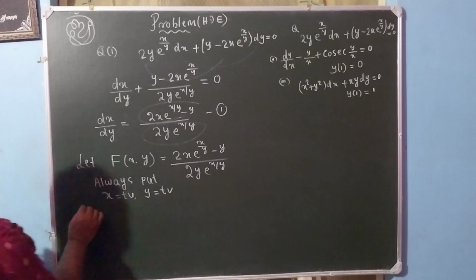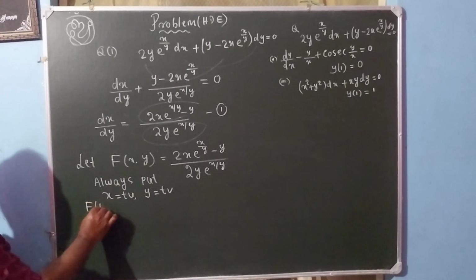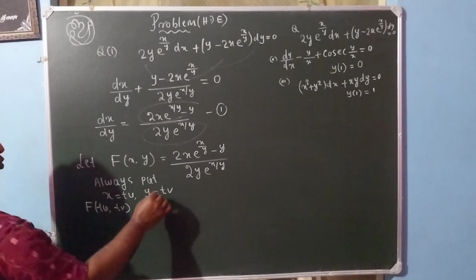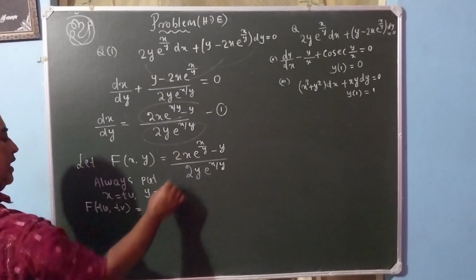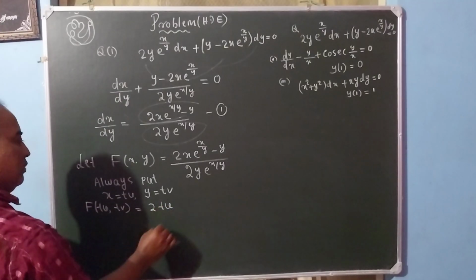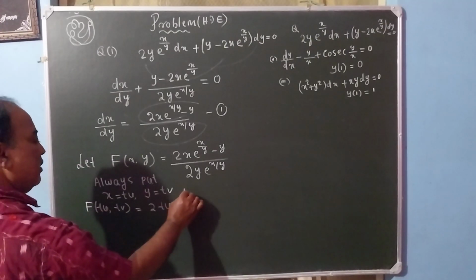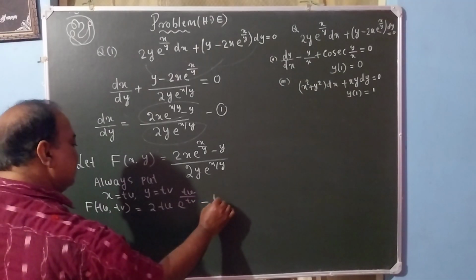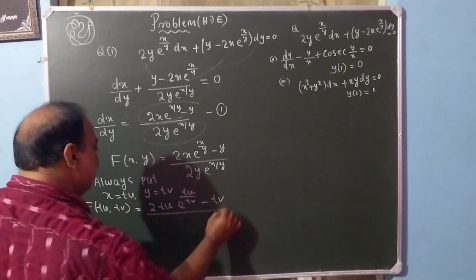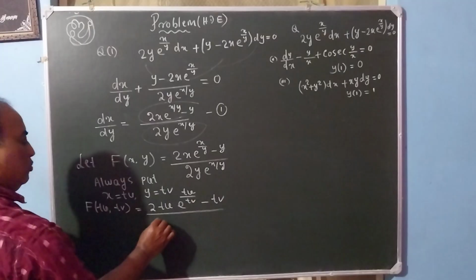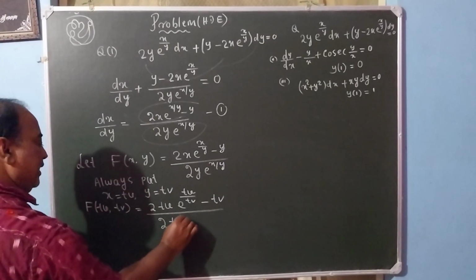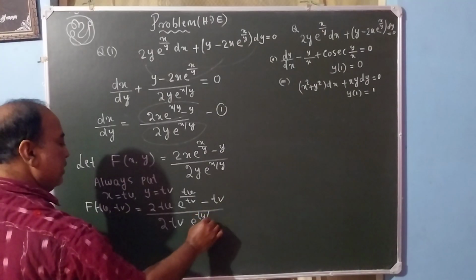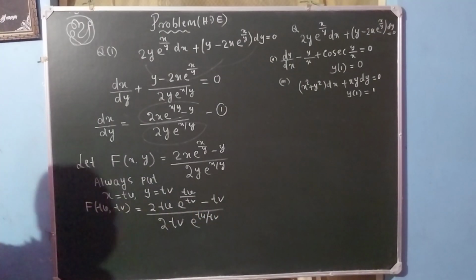So f(tu,tv) is equal to (2 tu e to the power tu by tv minus tv) divided by 2 tv e to the power tu by tv.